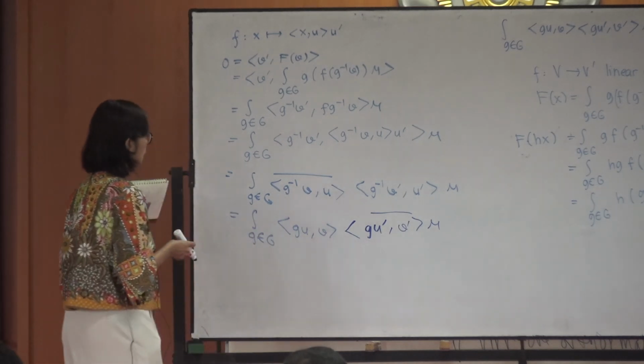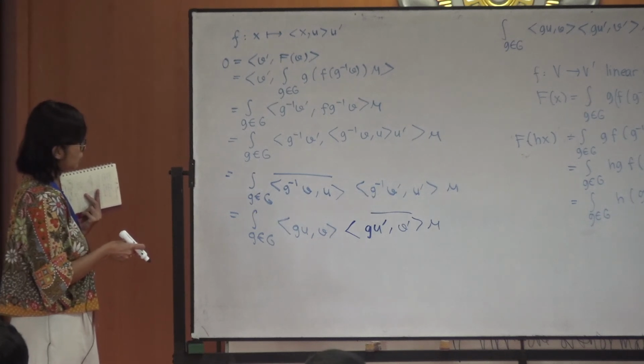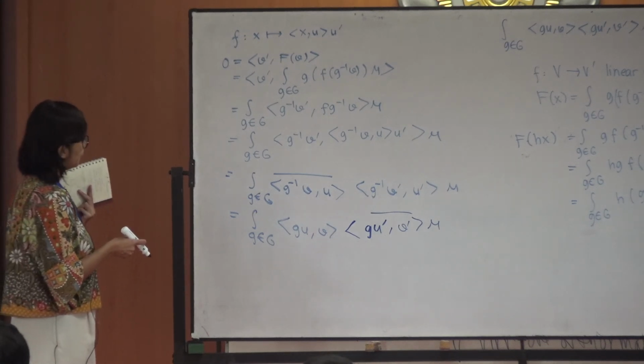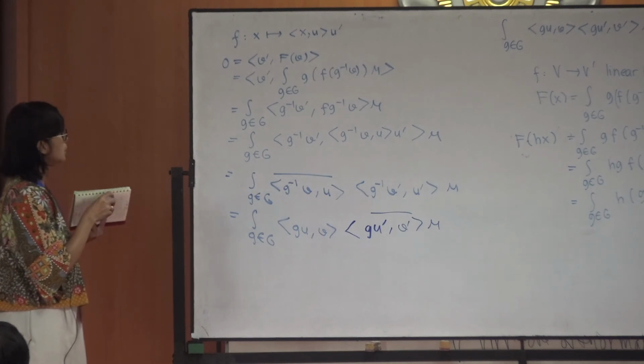So we get that if V is not isomorphic to V prime, then this integral will be 0.